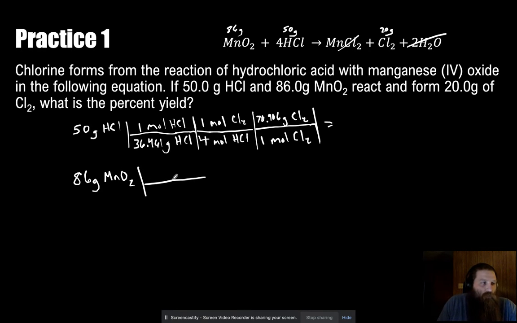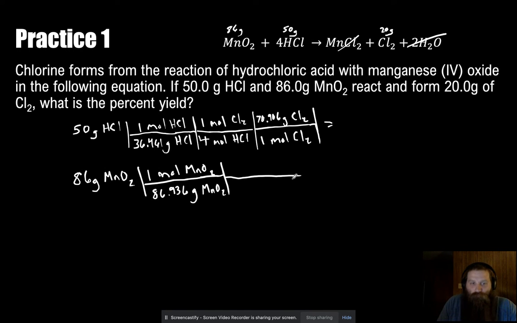All right, we're also going to need to do the same thing with manganese 4 oxide, MnO2. So MnO2 is 86.936 grams. We just take the periodic table, 2 oxygens and a manganese, add them together. We've got a 1-to-1 ratio according to our balanced equation.